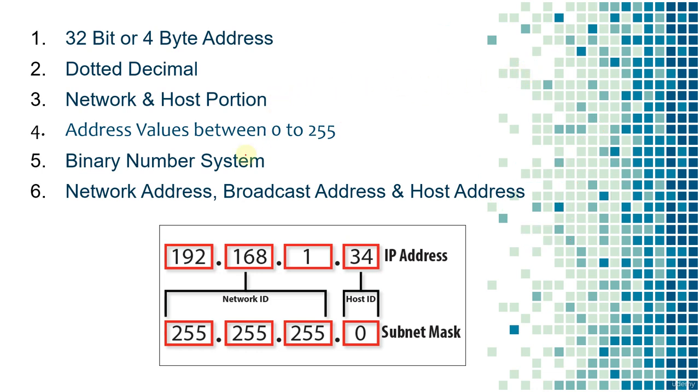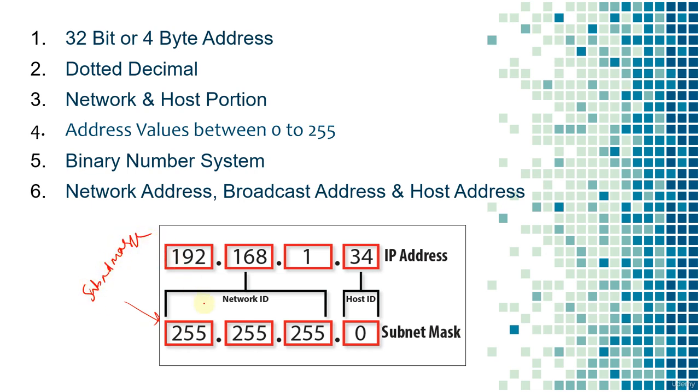By the way, an IPv4 address looks like this: 192.168.1.34. If you see an IP address, you will see just beneath every IP address there will be a subnet mask as well.